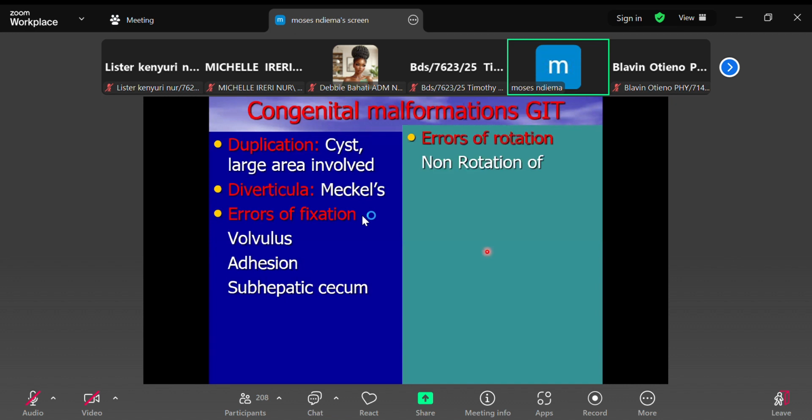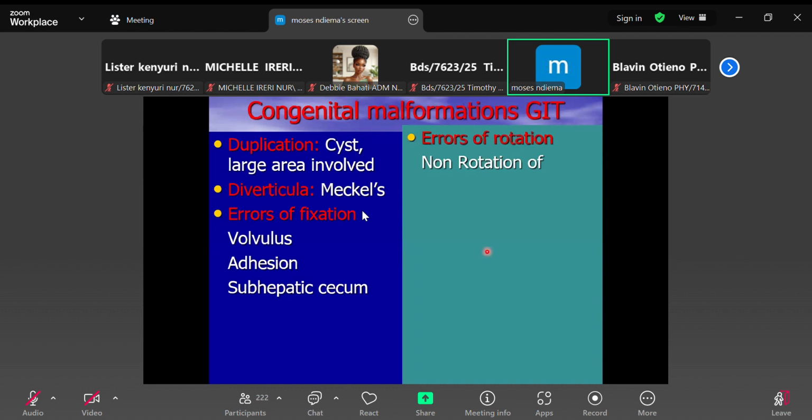We have errors of rotation, and there might be no rotation of the gut. Remember, we talked about the stomach rotating through 90 degrees clockwise, and the midgut rotating through a total of 270 degrees, comprising an initial 90 degrees and then 180 degrees.